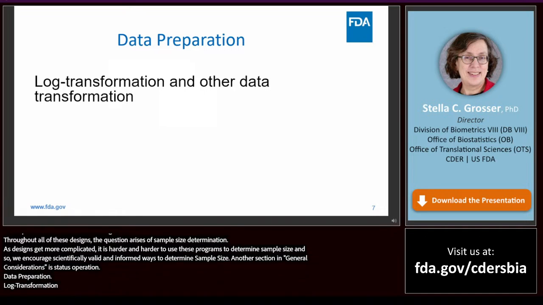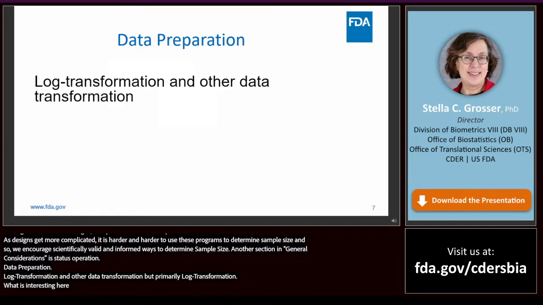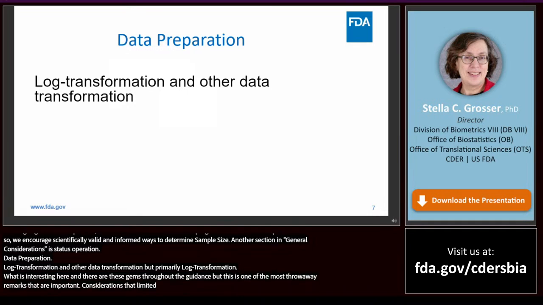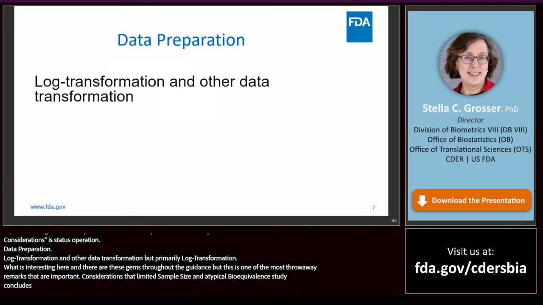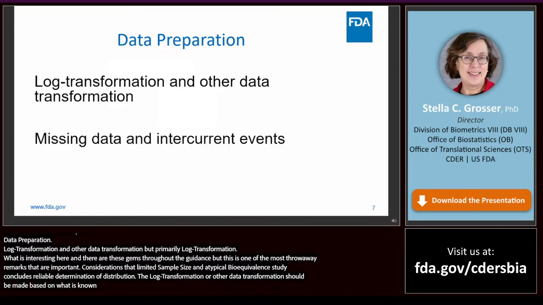What's interesting here, and there are these little gems thrown in throughout the guidance, but this is almost a throwaway remark that's important. There are things like, considerations that limited sample size in a typical bioequivalence study precludes reliable determination of distribution. So log transformation or other data transformation should be made based on what is known about the process and the science underlying your product.